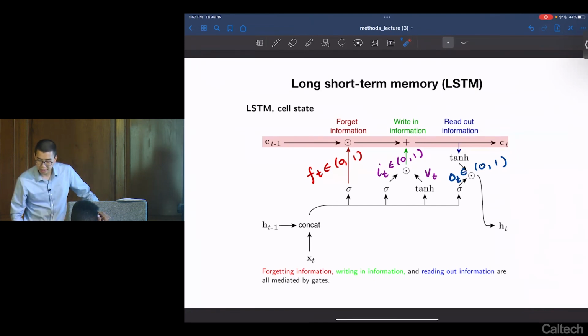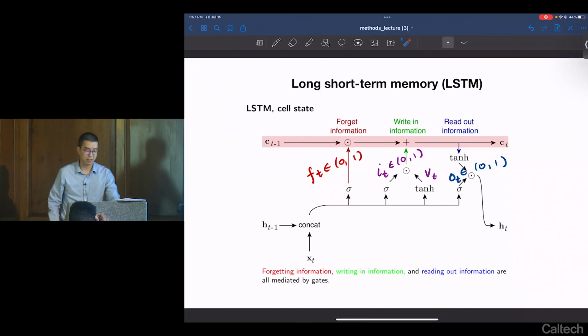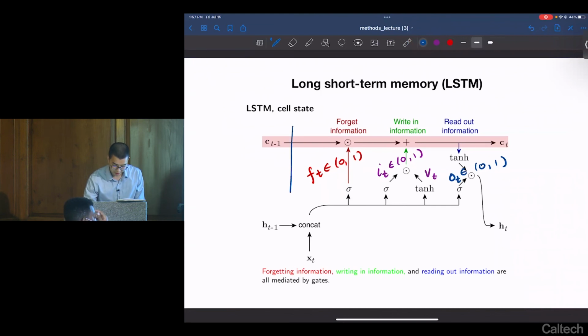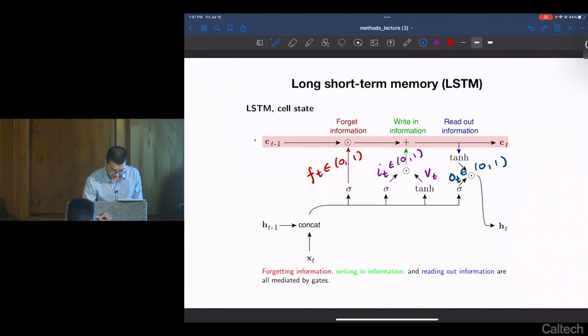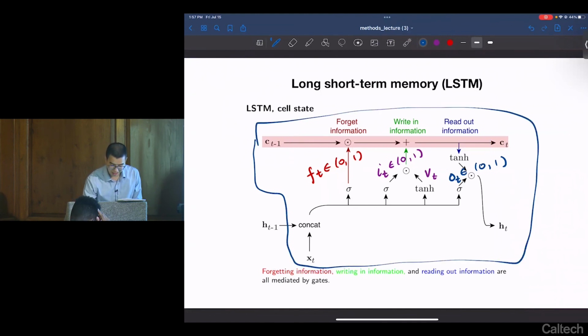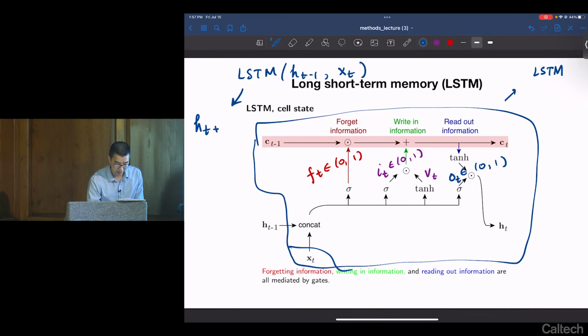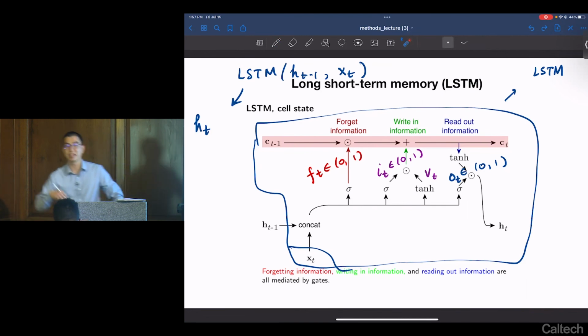Yeah, perfect. So if I call this whole thing a function LSTM, what LSTM does is it takes h of t minus 1 and my input x of t, and gives me my new state h of t. Then I could apply LSTM to h of t and x of t plus 1 to get my next hidden state h of t plus 1.